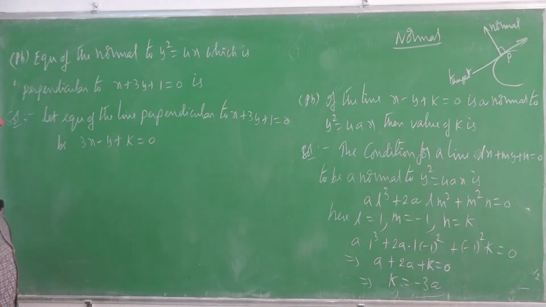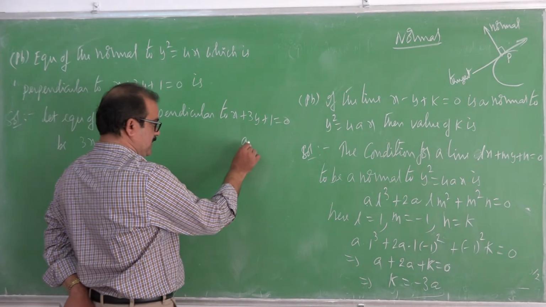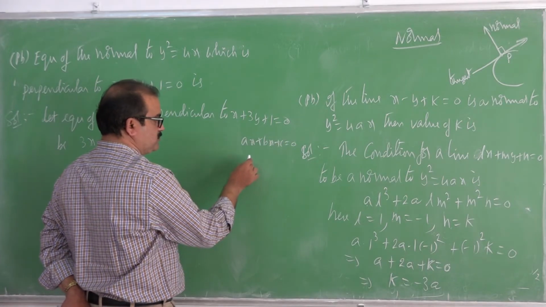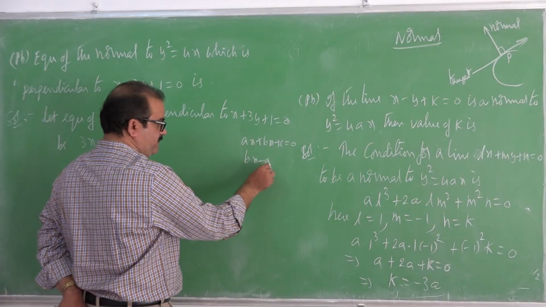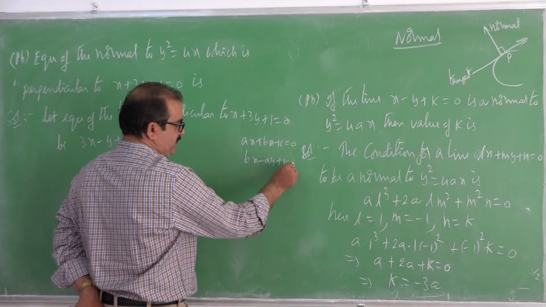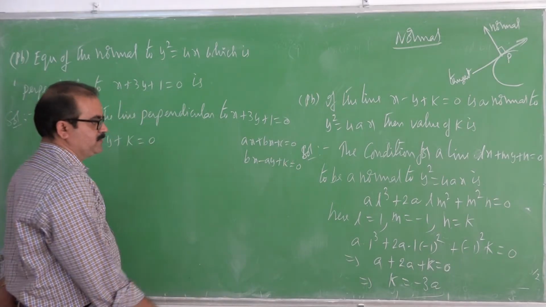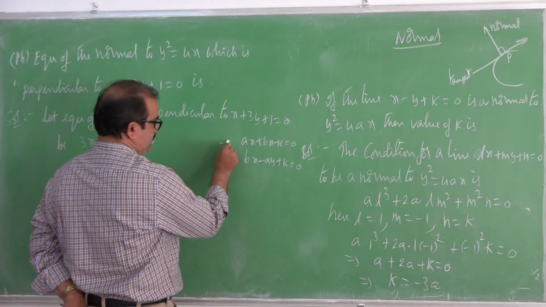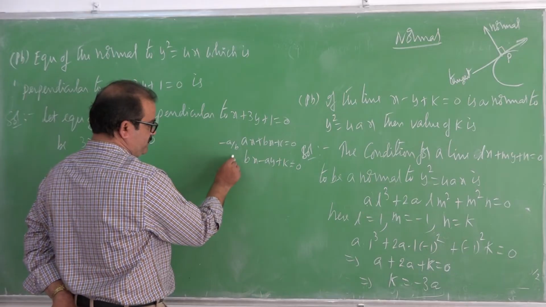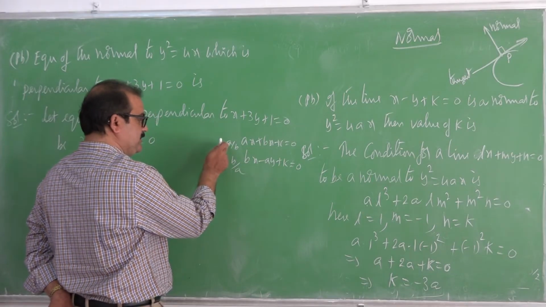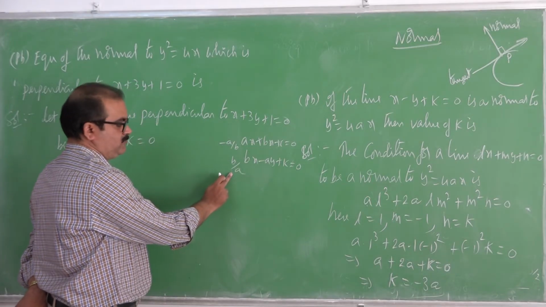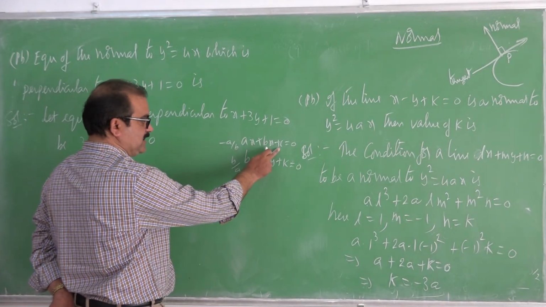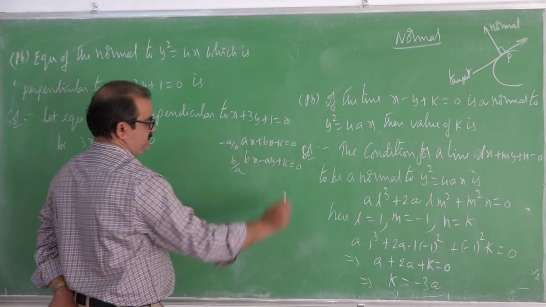We already know in straight lines a line perpendicular to ax plus by plus k is equal to 0 is in the form of bx minus ay plus k is equal to 0. You observe, what is the slope of this line? Minus a by b. What is the slope of this line? b by a. Here m1 into m2 is equal to minus 1. So any line perpendicular to this line is in this form.